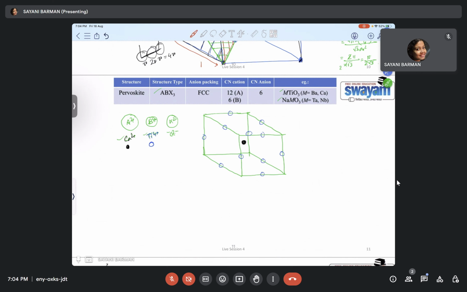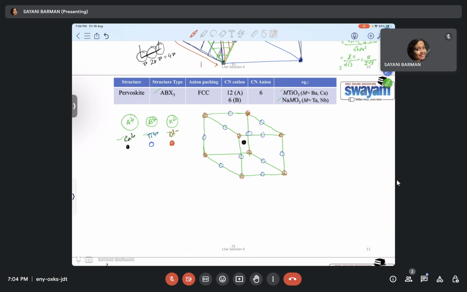Anions will be staying at the 8 corners, right? So this is the structure. Okay.